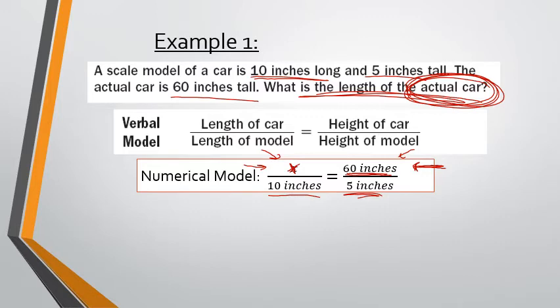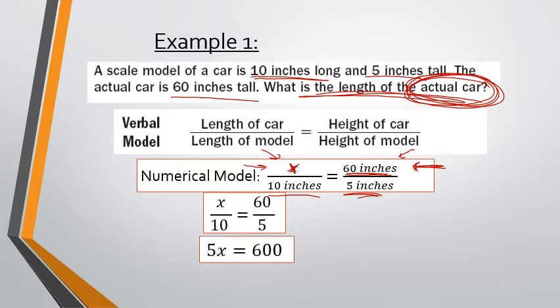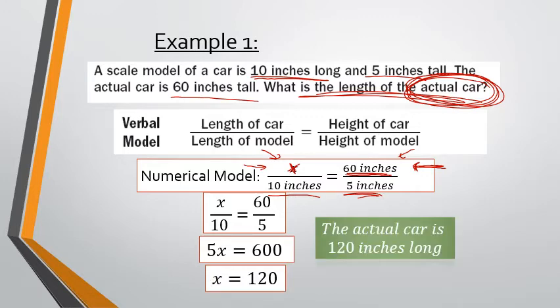In this case, the unknown measure of the length is what we call X. All right, so it's being consistent. The only way to get better at this is to practice it, and we'll practice it. So we have it set up here. You can cross multiply. It's 5X equals 600. You get that the actual length of the car is 120 inches long. Now, again, I am expecting maybe not a perfect sentence, but some sort of writing explaining what happened or what our answer was.